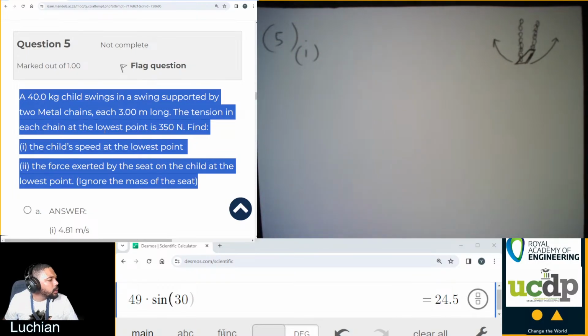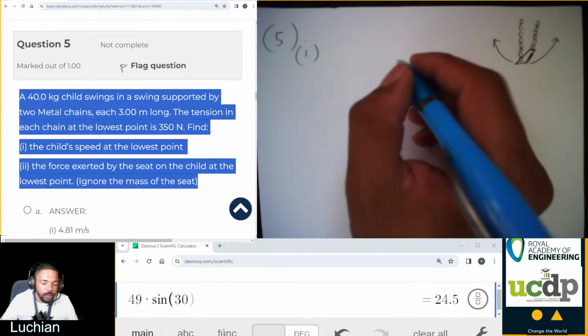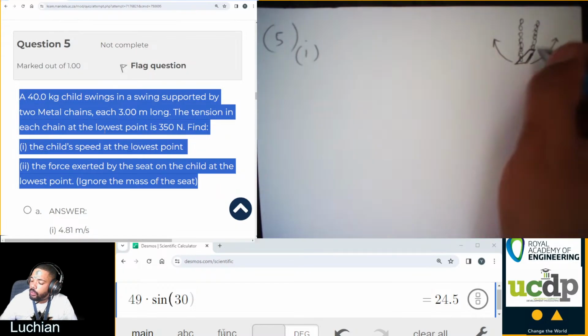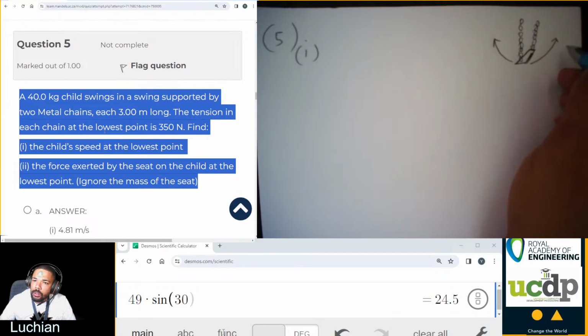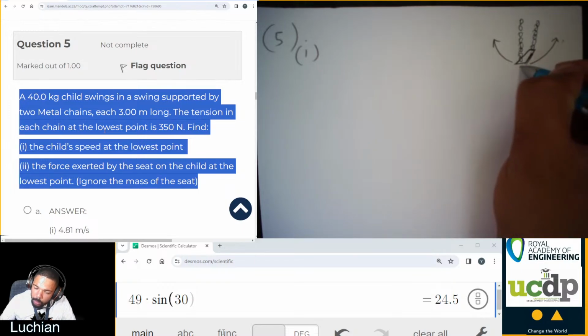Now they want to know the tension in each chain at the lowest point. They're telling us it's 350 newtons. So at this point the tension is 350 newtons. Find the child's speed. At this point the child will have the highest speed, because as he's moving that way he slows down until he stops and then swings down again. And when he moves at his lowest point, he's at his fastest.